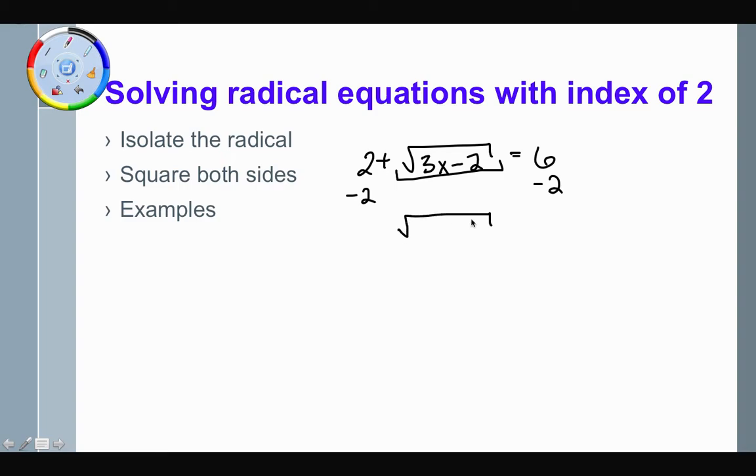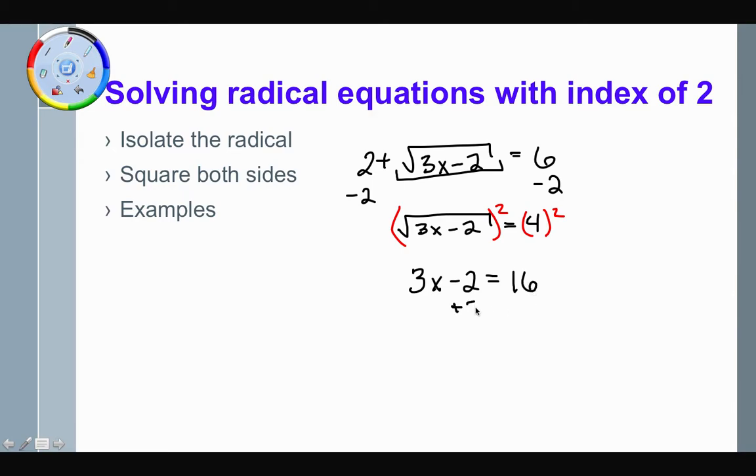When we subtract 2, we now have that radical isolated. We're going to get a 4. And again, in order to get rid of the radical, now that it is isolated, we need to square both sides. When we square a square root, they cancel, and we are left with 3x minus 2 is equal to 4 squared, which is 16.